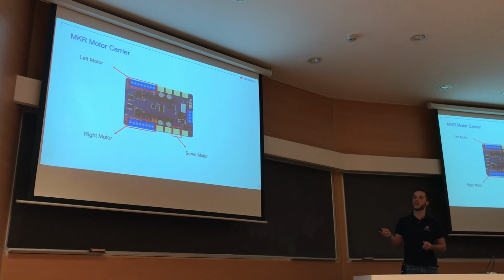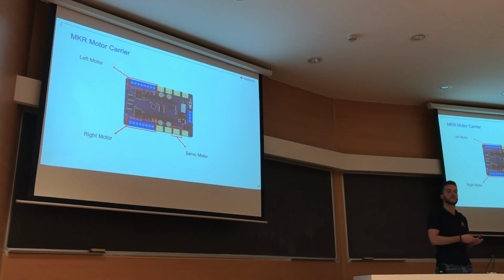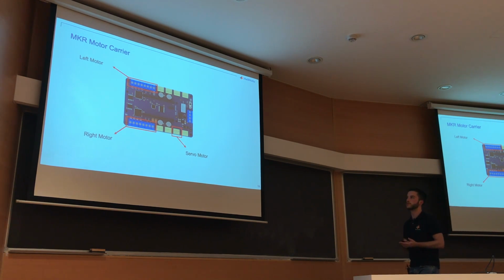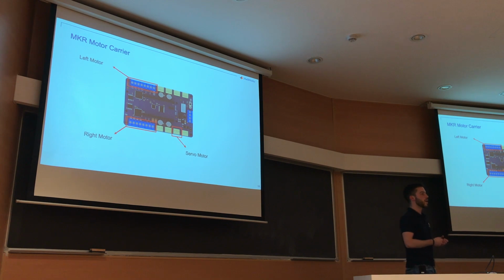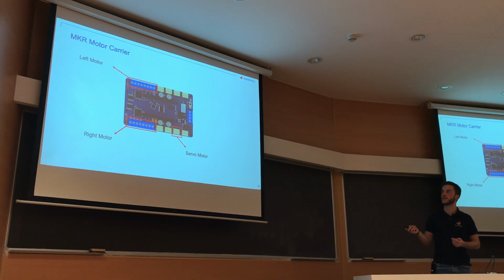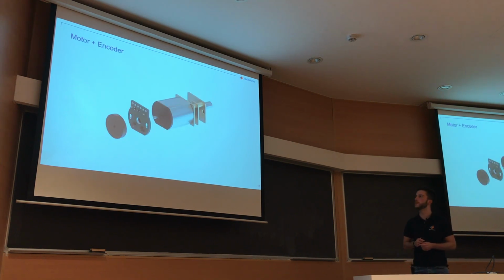All of these pins are used not only to provide the energy to the motors, but also to read the encoder. We have two cables for the DC voltage, and five cables for the encoder part. This is the power in from the battery, and the switch that turns the robot on and off. This is the motor and the encoder.